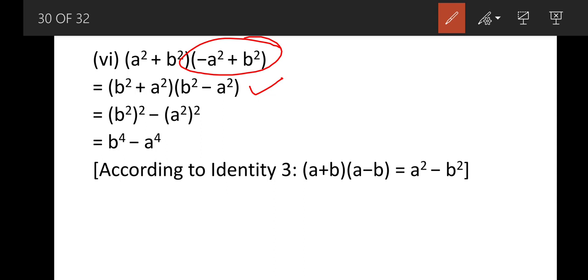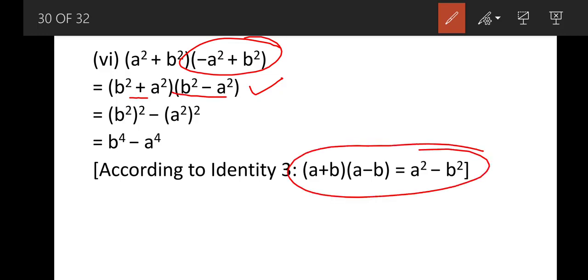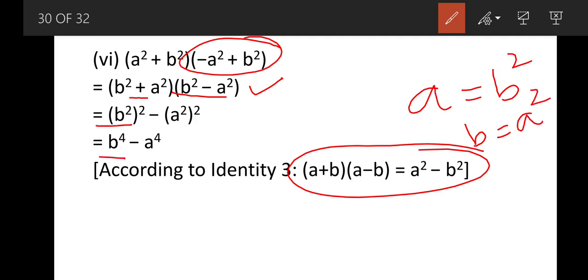Because I told you first plus sign is there between the terms and then minus sign should be there between the terms, and this is your identity number 3. (a + b)(a − b) equals a square minus b square. Here a is b square and b is a square. So (b square) whole square is b raised to the power 4 minus (a square) whole square is a raised to the power 4.